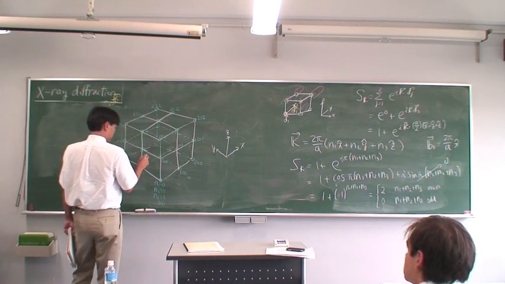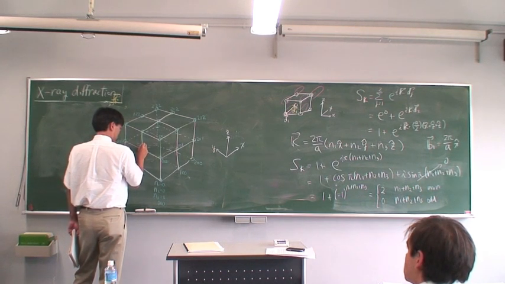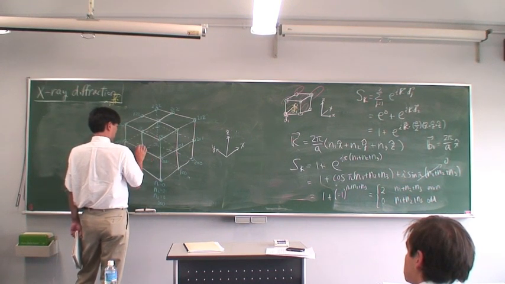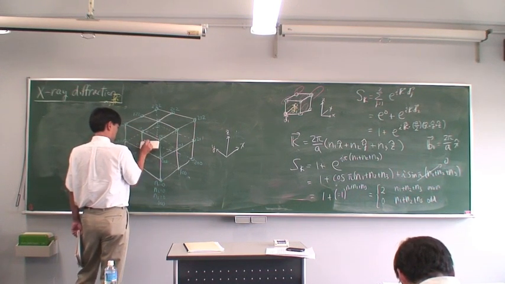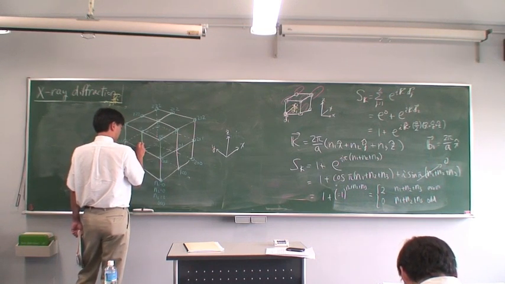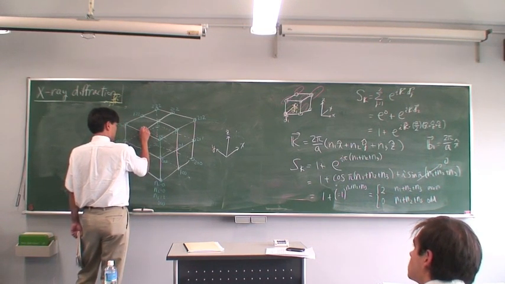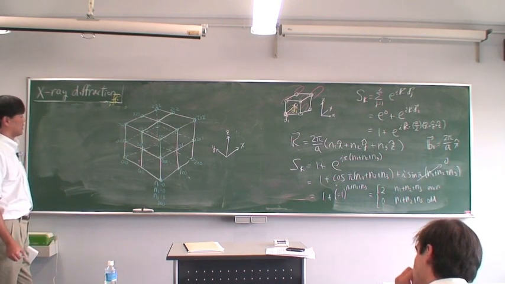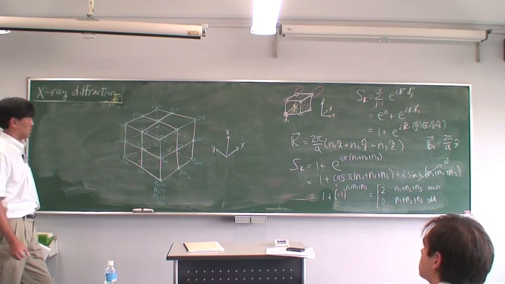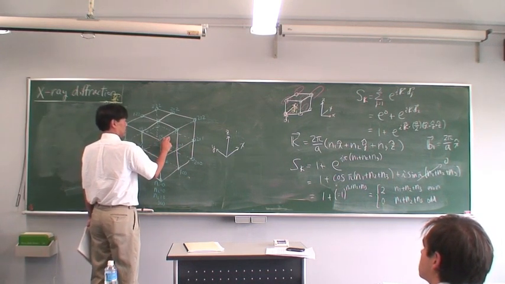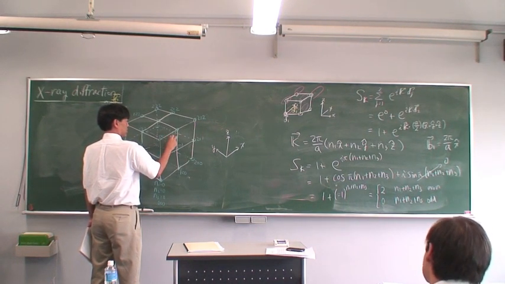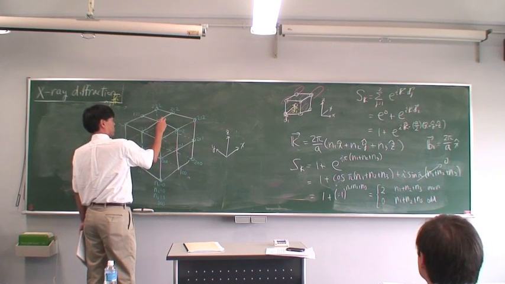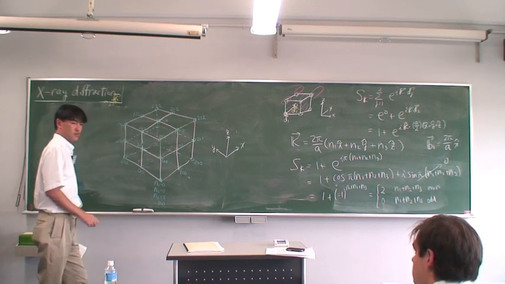I can even go farther. 0, 1, 1, 0, 1, 2. Okay? Everything's not consistent. This is 0, 0, 2. 1, 0, 2. And this is 1, 1, 2. Okay.